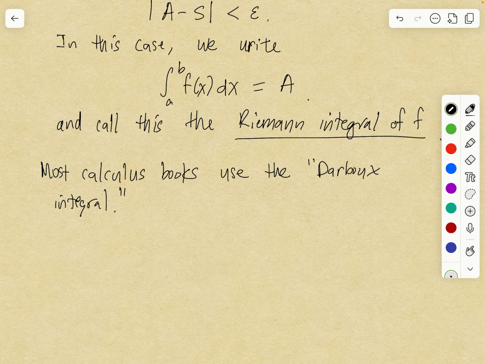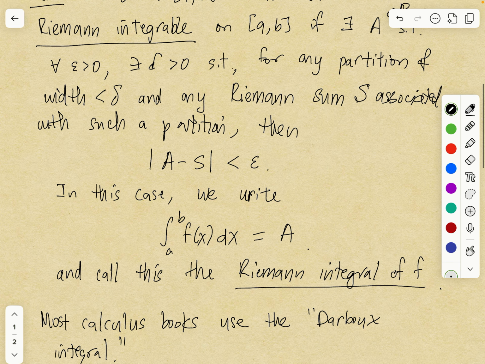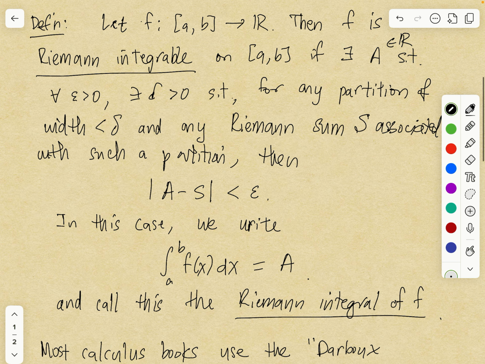And it's a theorem that Darboux integrability and Riemann integrability are equivalent. So a function is Riemann integrable if and only if it's Darboux integrable. And the Darboux integral is a bit easier to understand, so it's easier to work with, and so that's the one that you see in most calculus books. But my understanding is that the definition that I gave is Riemann's original definition.